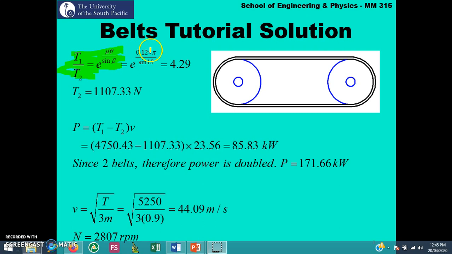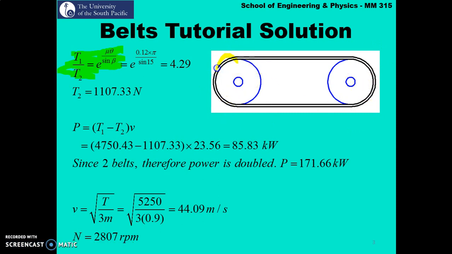As to why I've used pi for the wrap angle, the question says that both the pulleys have the same diameter. So this is how the system would look. Once you have the same diameter, you'll see that the wrap angle over here is basically 180 degrees.